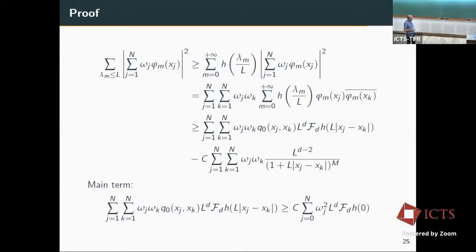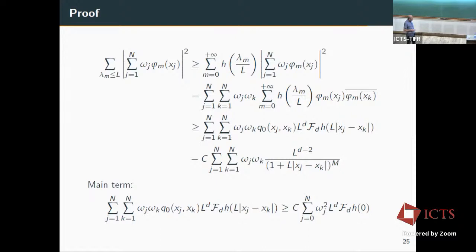Okay, so now I open up this absolute value. I have two sums, one in J, one in K, omega J, omega K. And so after switching things a little bit, here I have exactly the kernel that I had on the previous page.